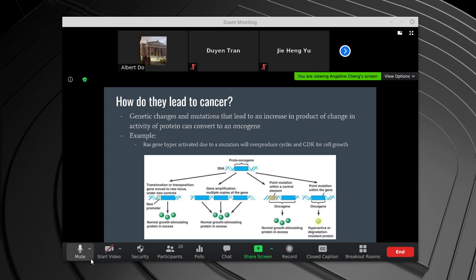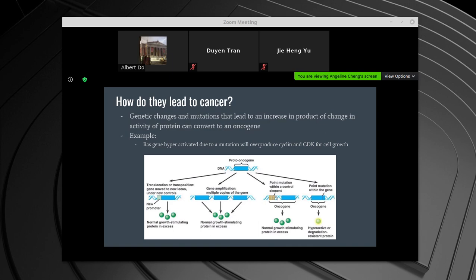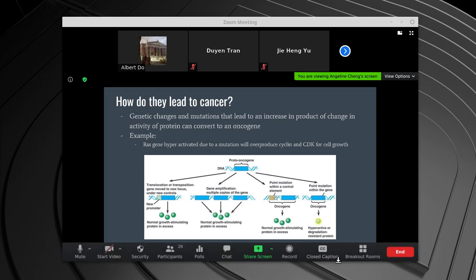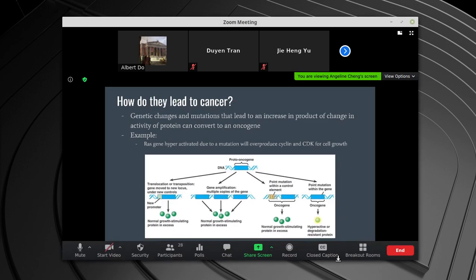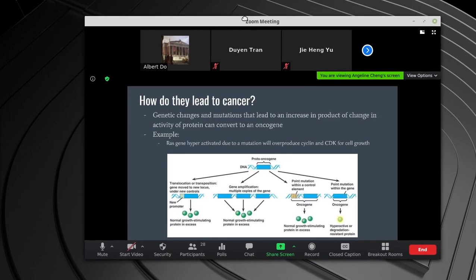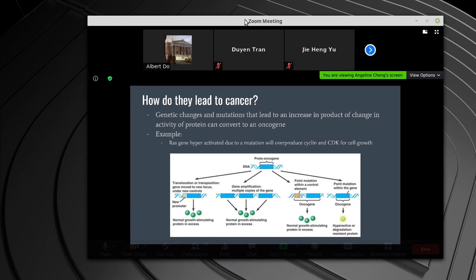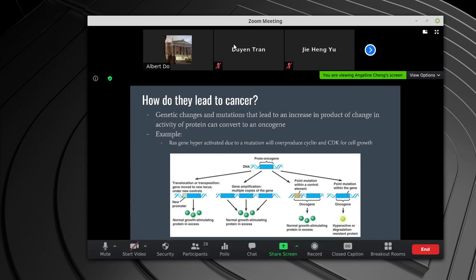But when the mutation occurs, this RAS gene is continuously activated because of what the lecture says about GTP hydrolysis. It is locked, and the RAS gene is locked in the active state, and it causes the overproduction of cyclin and CDK. And then this just bypasses the checkpoints.